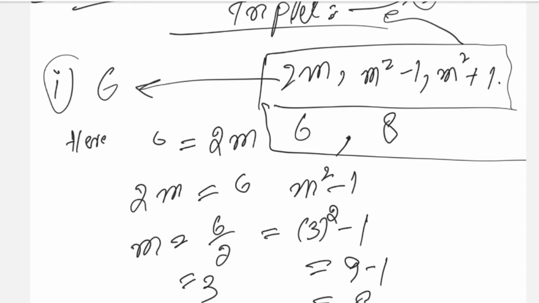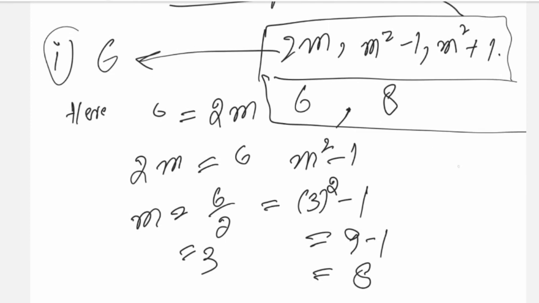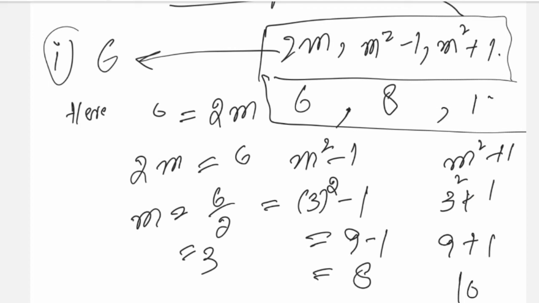So the second number is 8. What about the third number? m square plus 1, so 3 square plus 1, that is 9 plus 1, that is 10.